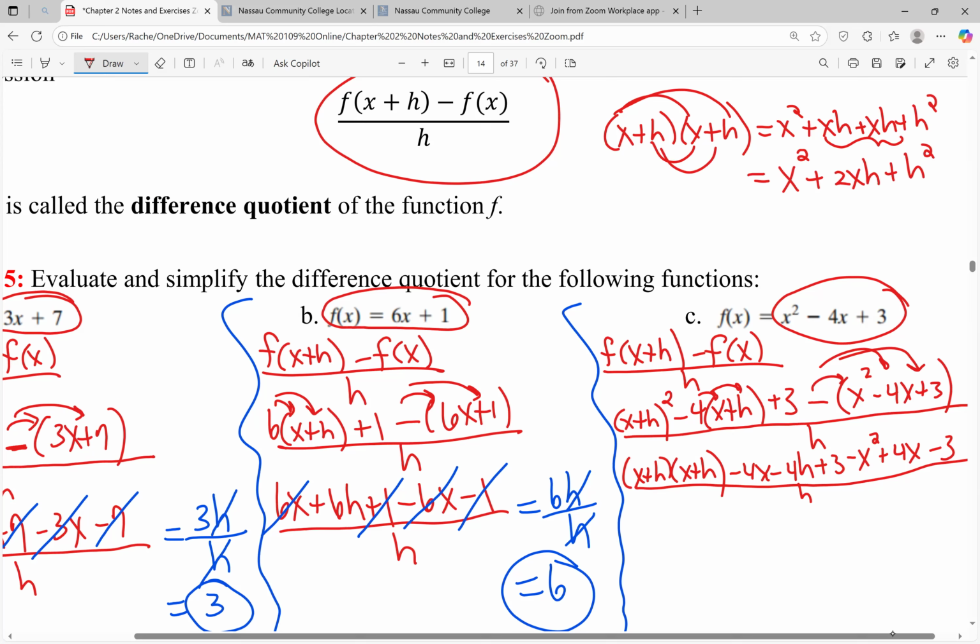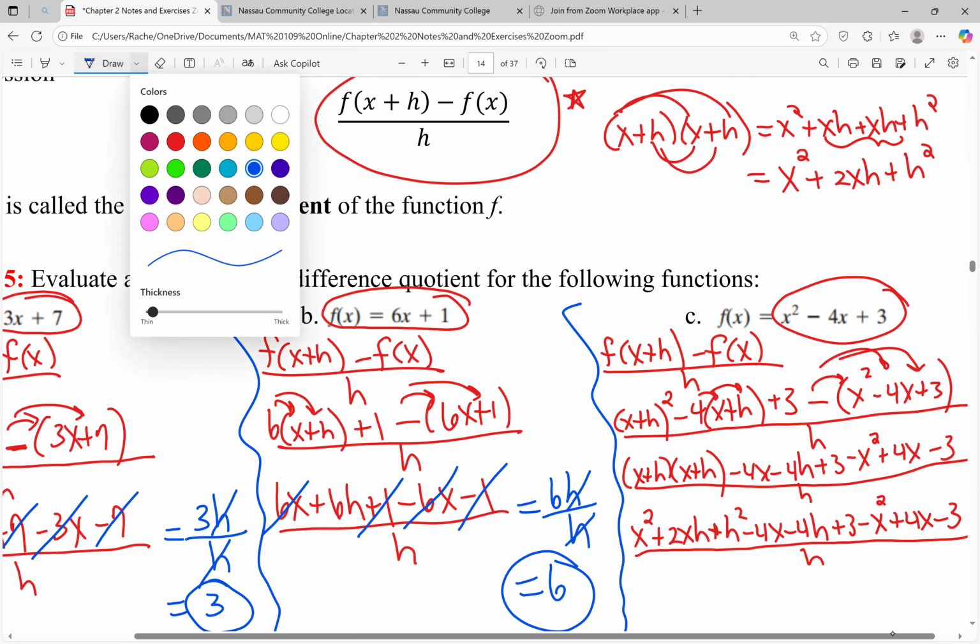So anytime you have to multiply x plus h times x plus h, it's always going to be equal to x squared plus 2xh plus h squared. Now we have minus 4x minus 4h plus 3 minus x squared plus 4x minus 3. And this whole thing is over h.